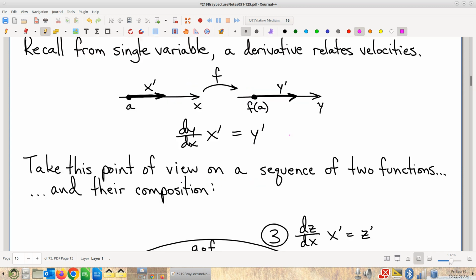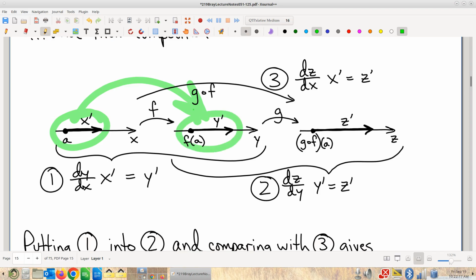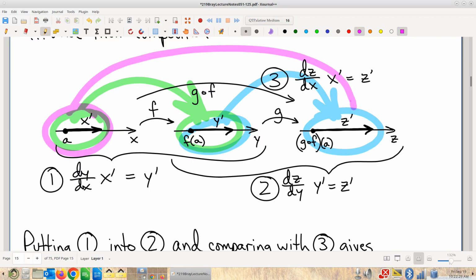We've already done this, so I'm going to go quickly through it. The big idea is that, okay, well, the factor that you multiply by this to get that, and the factor that you multiply by that to get this other thing, altogether, you have multiplied by the product of those two factors. So this factor, the purple factor, is green times blue. Right?